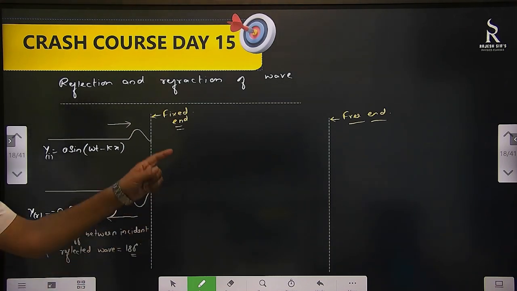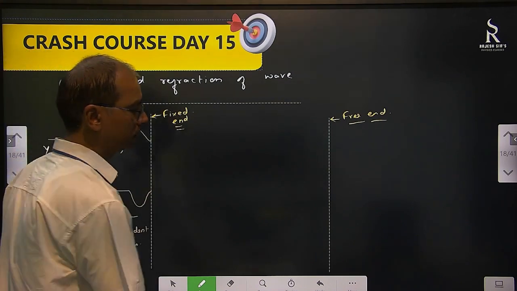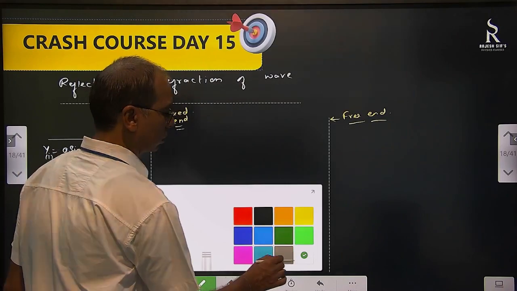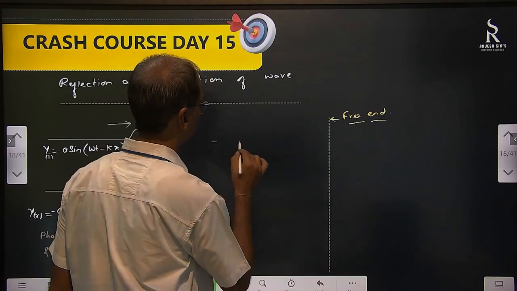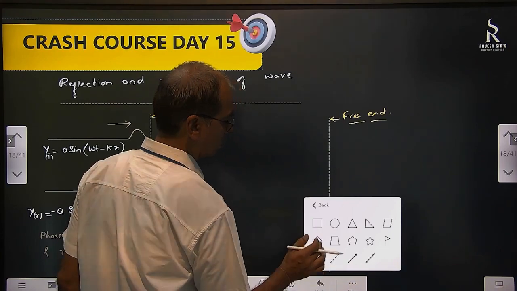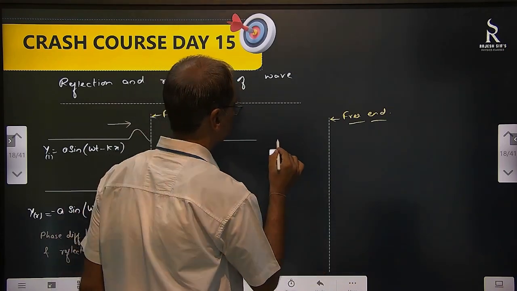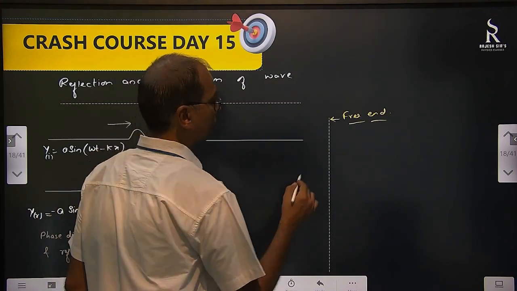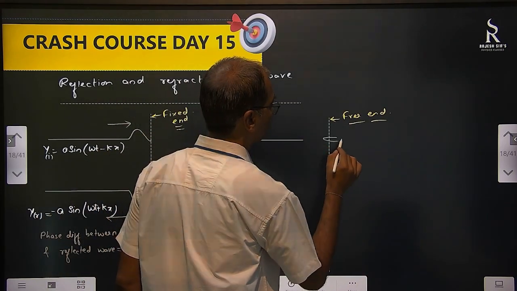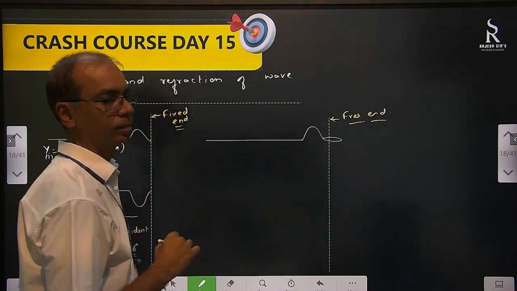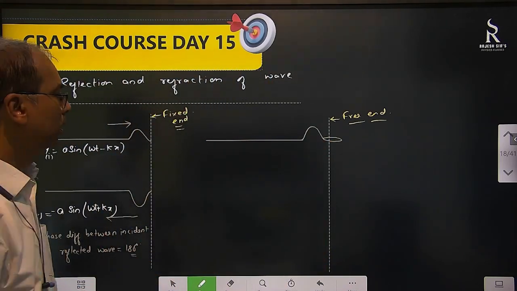Okay. Now let's see what is happening at the free end. So the free end is like this. Free end means here is one ring. It's reaching in this way.